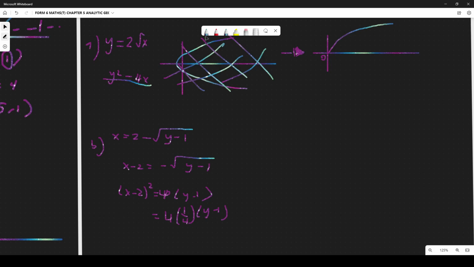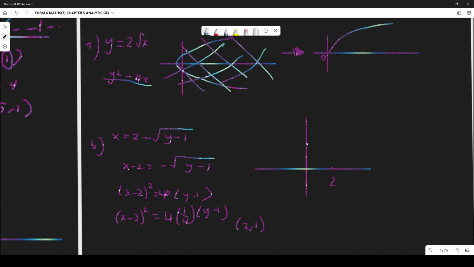So how would this equation look? Even though I said don't do this, you can still use it to have a rough idea of how it will look. So just sketch it up. Since you know it's 1 over 4, and you know it's negative 1 and also negative 2, the vertex is 2 and 1.